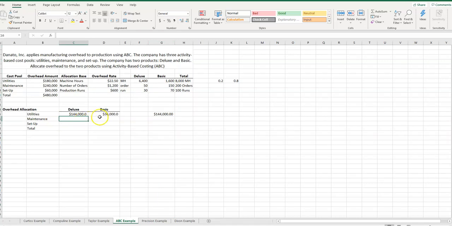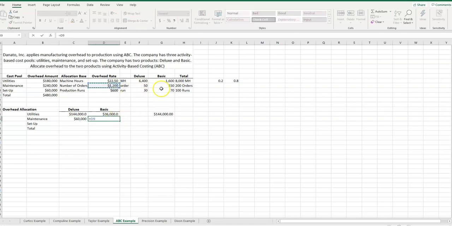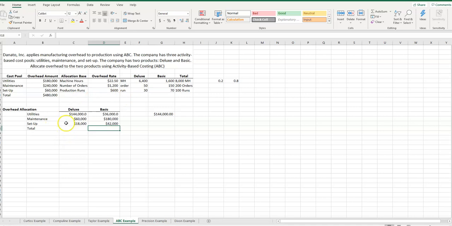So we're going to allocate the maintenance costs: $1,200 per order times 50 orders for the deluxe, and $1,200 per order times 150 orders for the basic model. And for our setup costs, we have $600 per production run times 30 production runs for our deluxe model, and $600 per production run times 70 production runs for our basic model.